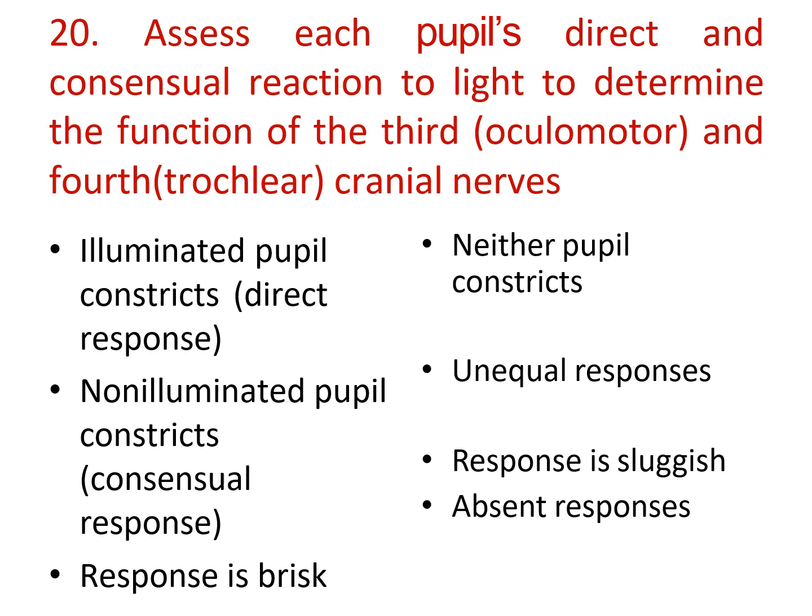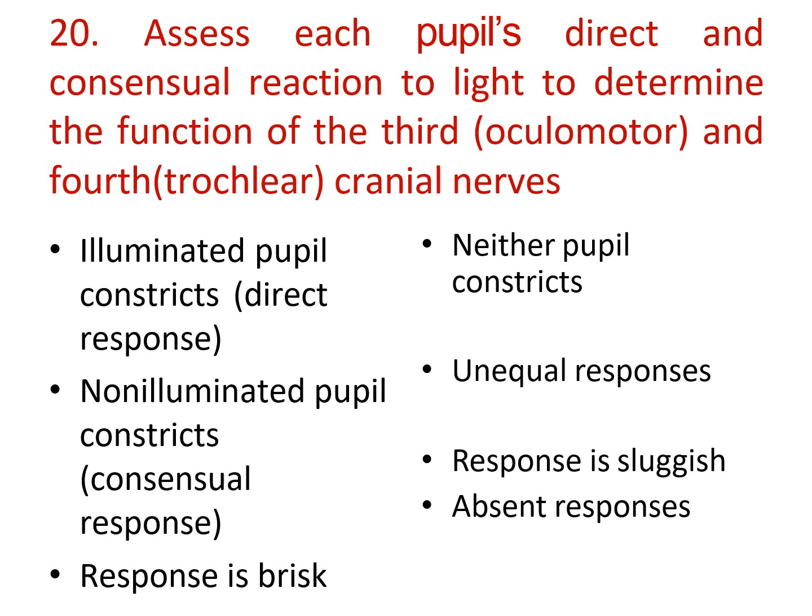Assess for each pupil direct and consensual reaction to light to determine the function of the third oculomotor and the fourth trochlear cranial nerve. When you illuminate the pupil, it constricts, and this is called the direct response. The non-illuminated pupil should also constrict and is called the consensual response. Remember that the direct response is the response of the specific pupil that is receiving the light source.